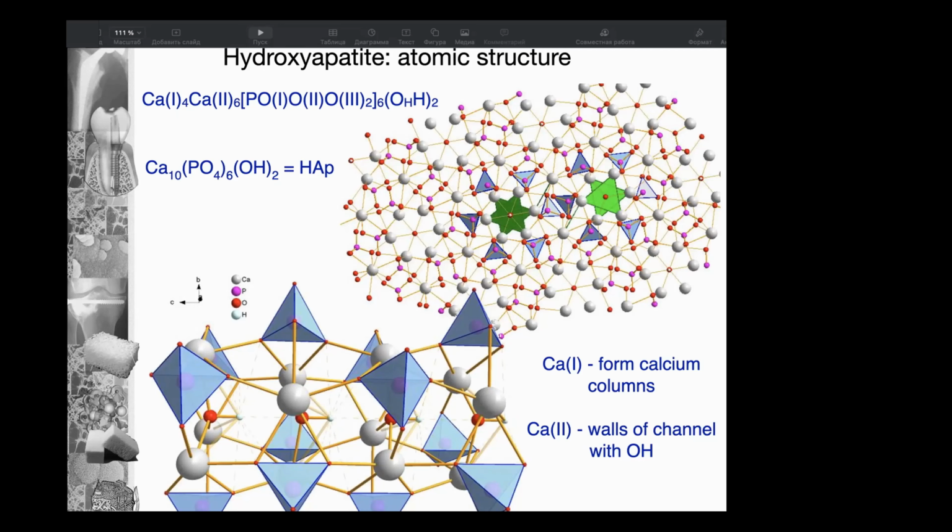The structure of hydroxyapatite can have a lot of impurities. For several positions, there is a list of substitutions, and of course, it influences the properties of the material.